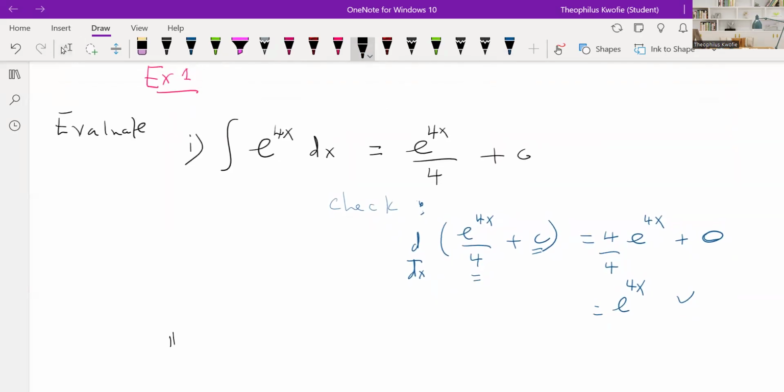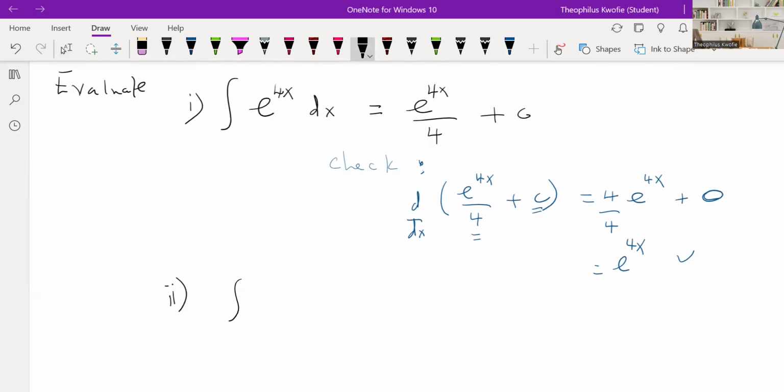The second example is, let's look at a more detailed one, so that at least you would have a feel of what we are doing. If I give you the integral of 6 multiplying x to the power 5 minus 18x to the power 2 plus 7, all of that dx.